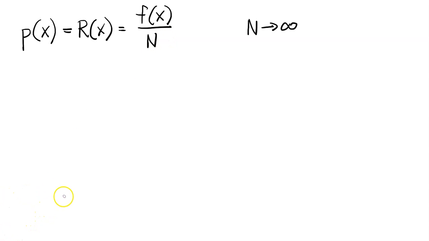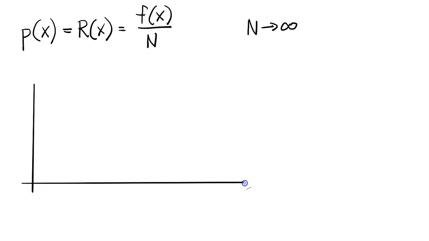And then let's say now, for example, that let's make a graph. And let's put relative frequency here. And then we put n here, the number of times we repeated the experiment.